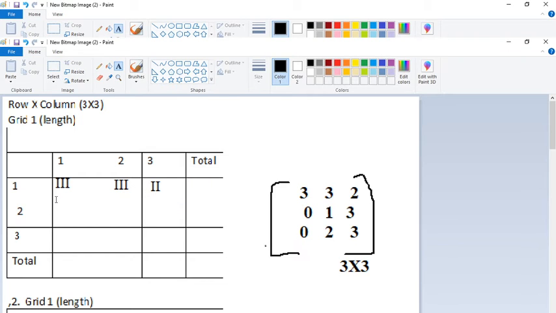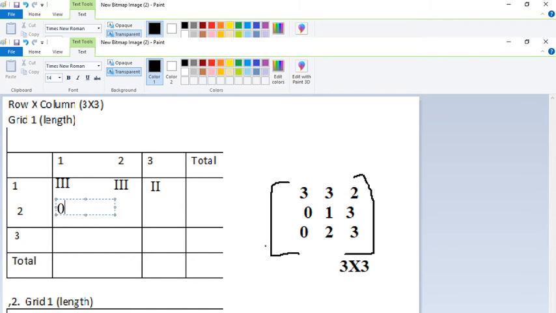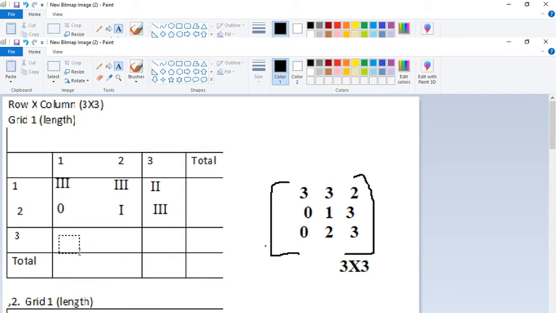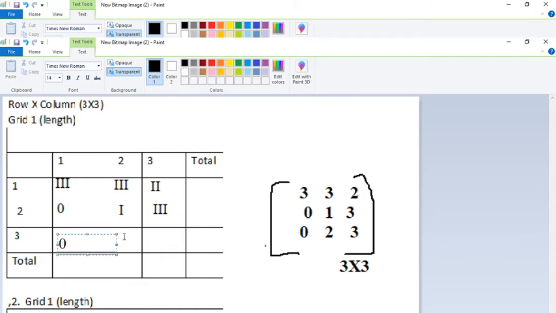Suppose this is 0, this is 1, this is 3, this is also 0, this is 0, this is 2, this is 3.